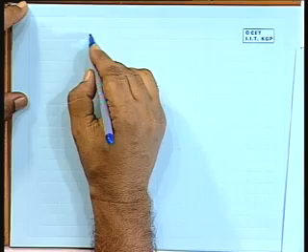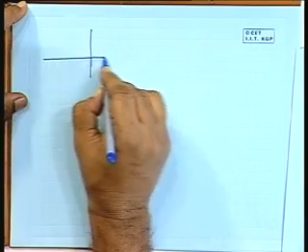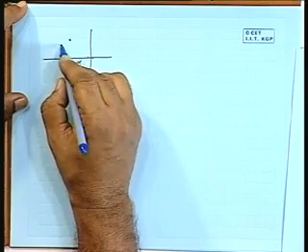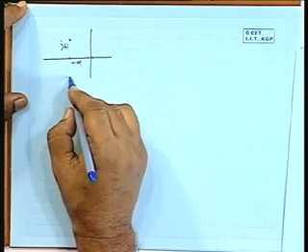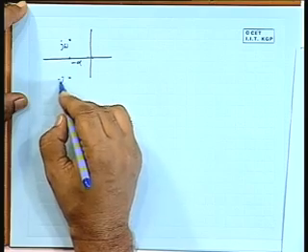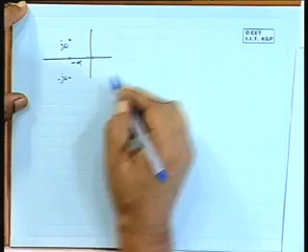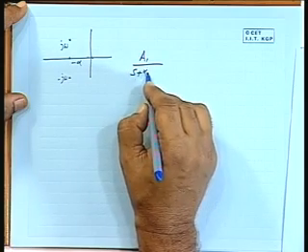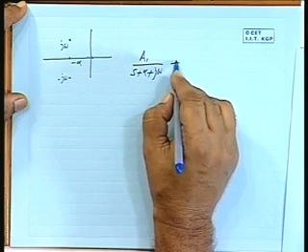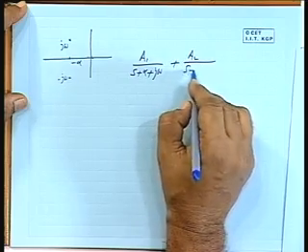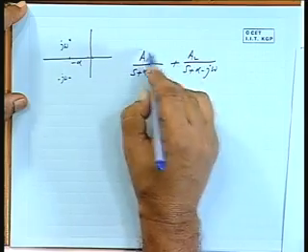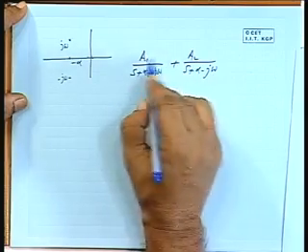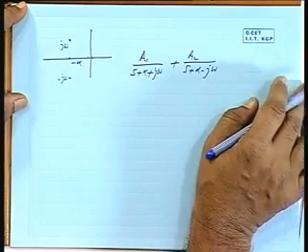Suppose you have a complex root, suppose b1 and b2 are, say, minus alpha plus j omega, minus alpha minus j omega, that is also possible. So, you will get A1 by (s + alpha + j omega) plus A2 by (s + alpha - j omega), where A1 and A2 will be complex, and it can be shown they will be complex conjugate, okay.